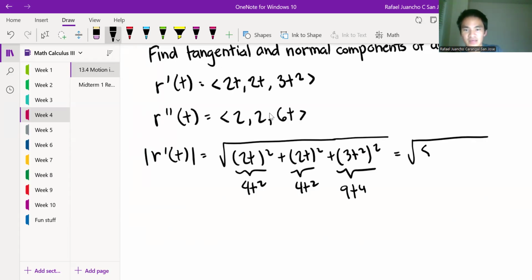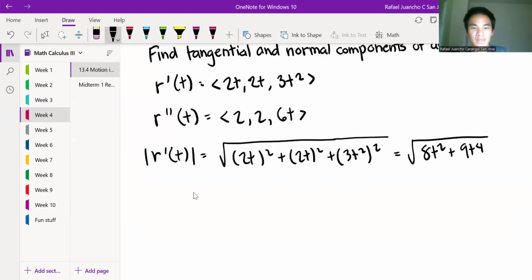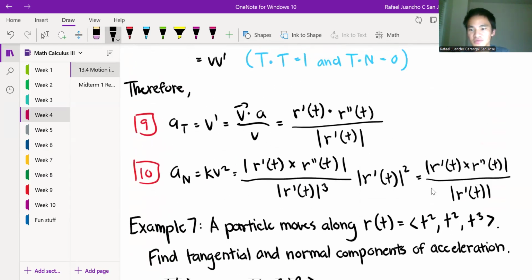So here we have the square root of 8t squared plus 9t to the 4th. So that's my magnitude of r prime.